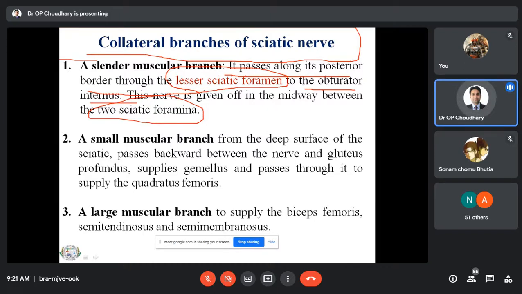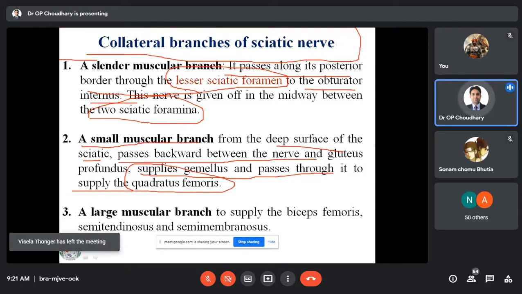Then number two is a small muscular branch. This small muscular branch is from the deep surface of the sciatic and passes backward between the nerve and gluteus muscle, supplies the gemellus and passes through it to supply the quadratus femoris.